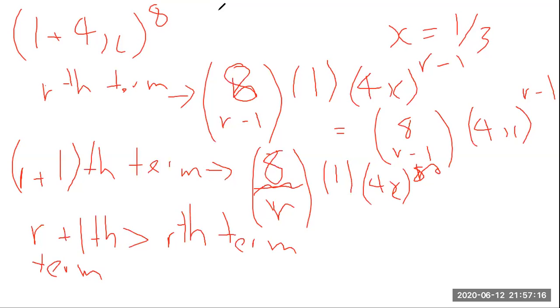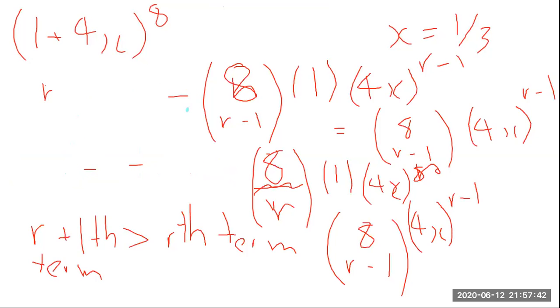So we've got 8C(r-1), (4x)^(r-1) is greater than 8Cr, 1, (4x)^r.